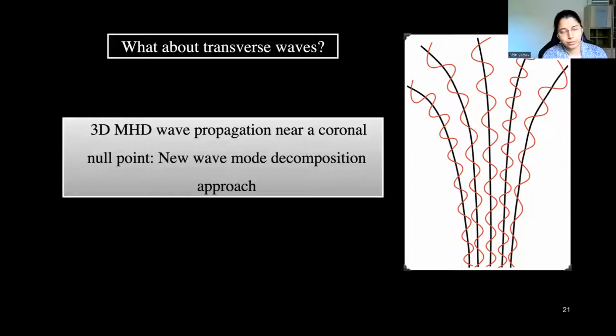Moreover, they are both of Alfvénic nature, so they don't have density perturbations, which makes them very difficult to detect from direct solar observations. However, it is really important to separate out these contributions from transverse waves so that the heating processes that we observe in simulations or in observations can be independently associated with the different wave modes.